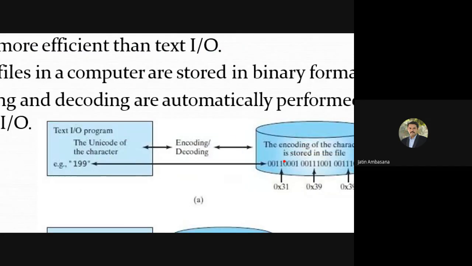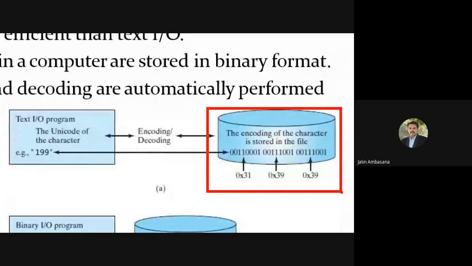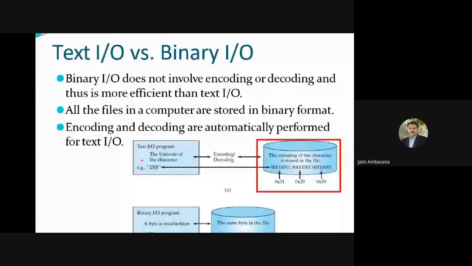The bytes that are stored need to be encoded in the form of text. In the end, the disk stores everything in the form of bits only, right? Even if you are storing characters, it stores them in the form of bits. So those bits need to be converted into characters, and the characters need to be converted into bits. So encoding and decoding are needed.